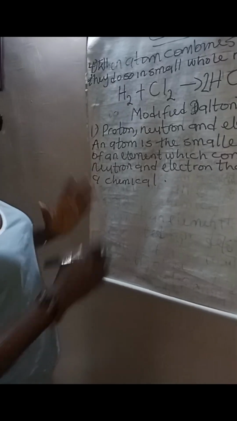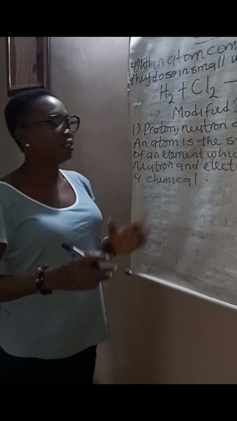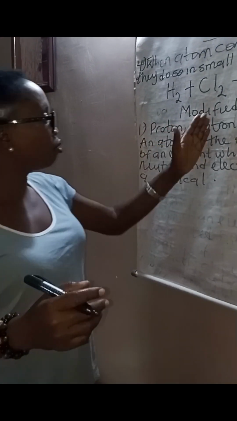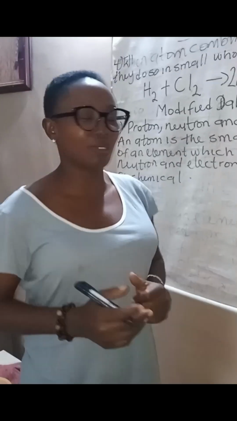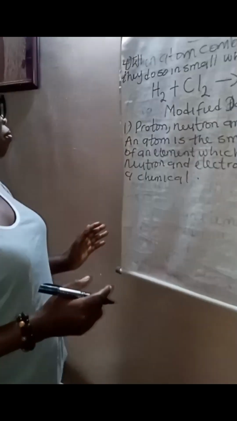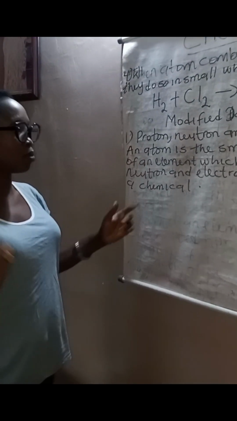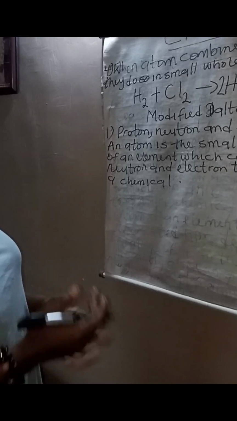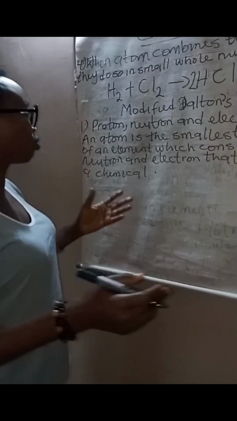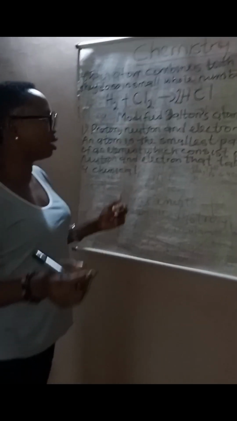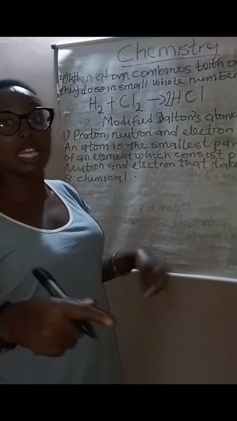He modified this after discovering proton, neutron, and electron. That changed the theory to: an atom is the smallest particle of an element which consists of proton, neutron, and electron that take part in a chemical reaction.